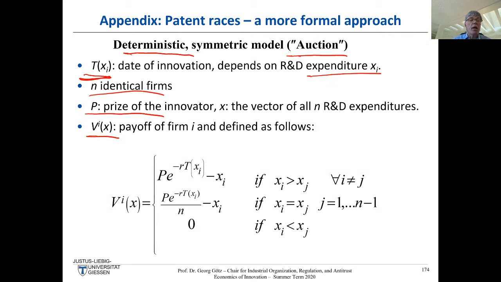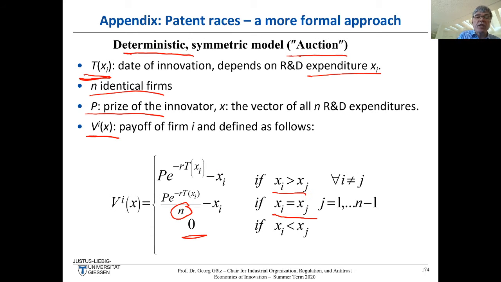Of course, if rivals invest more than you, you will come up with the innovation later and you don't get anything. If the rivals invest the same amount as you, all of them will come up with the innovation at the same time, and the assumption here is that they just share this value.